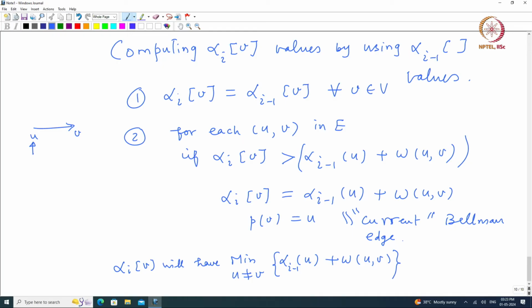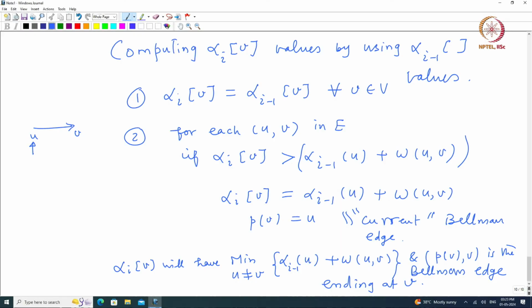Therefore, alpha i will have the minimum and P v is the Bellman edge ending at v. Maybe I will write this cleanly next page, so I will erase it. This can be edited, one second.